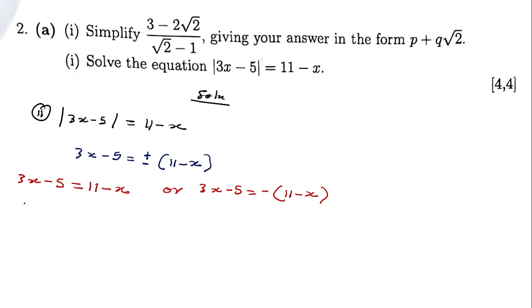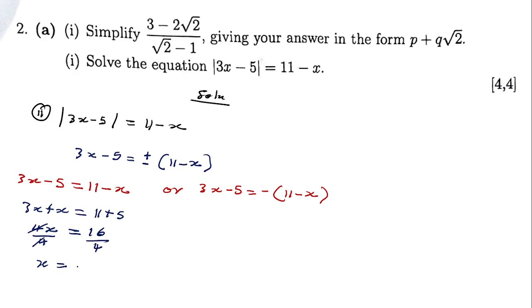So this will be 3x plus x is equal to 11, and 5 will go to the other side, it will be plus 5. So 3x plus x is simply 4x, and this is equal to 11 plus 5, which is simply 16. You divide throughout by 4, and x is simply 4.